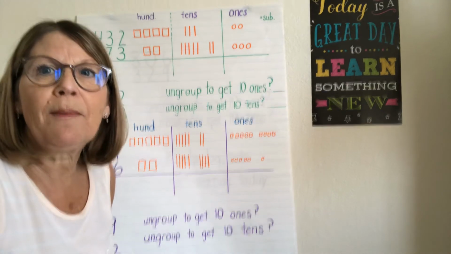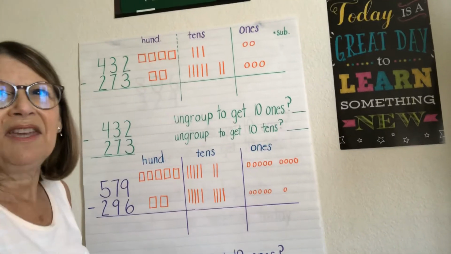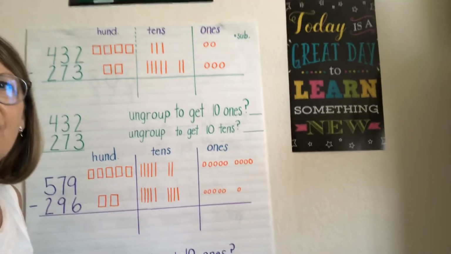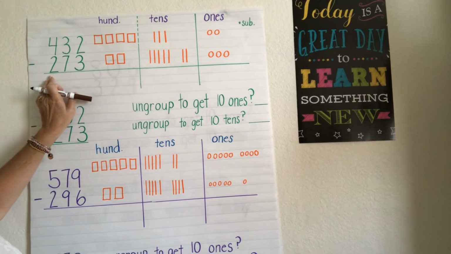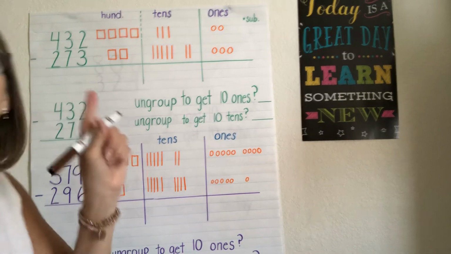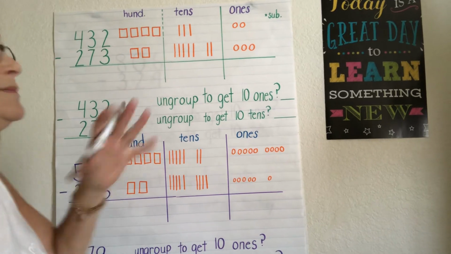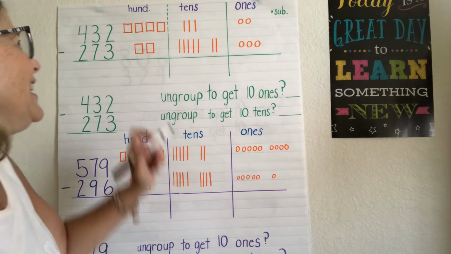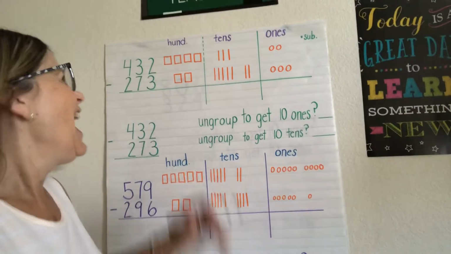Now I wanted to remind you or show you how we can do the long way. So as we look at this problem, 432 minus 273. First step, ask yourself the question in the one, sorry, I'm gonna back up again. Boy, I gotta refresh even my memory, don't I?